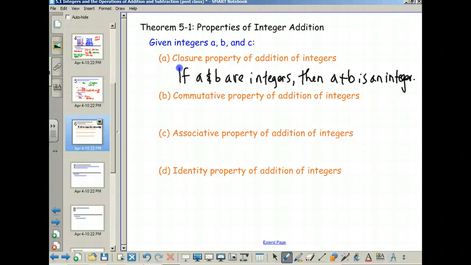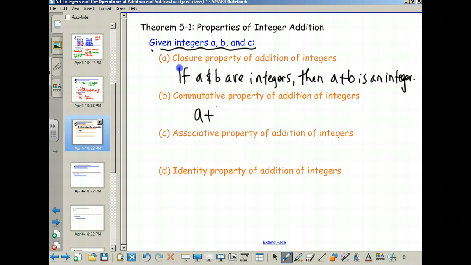Commutative. What does commutative mean? Right.